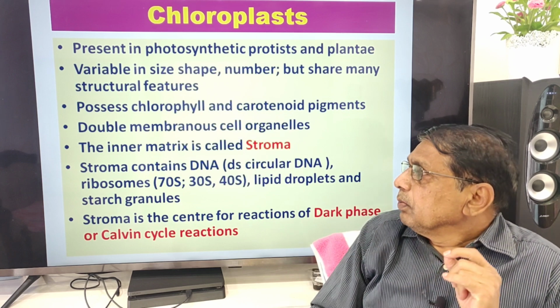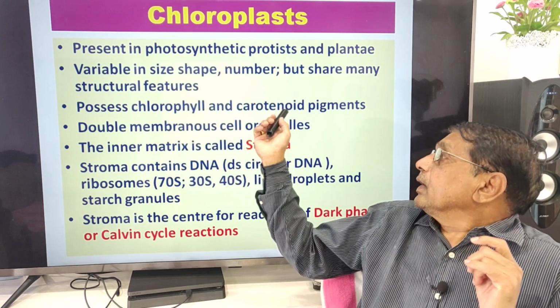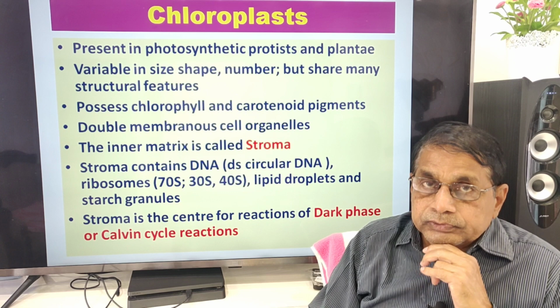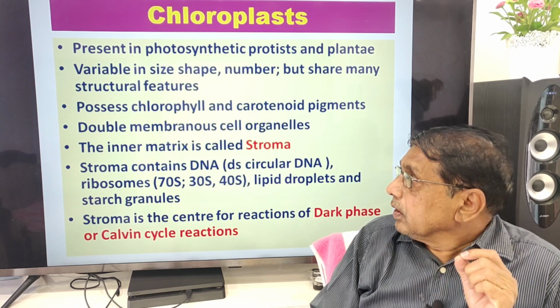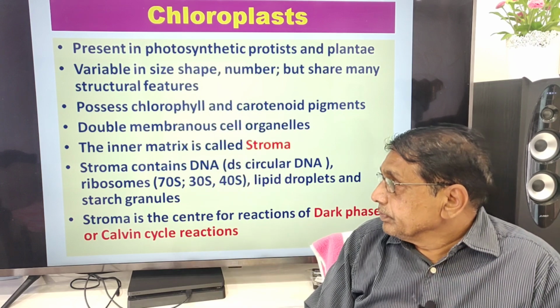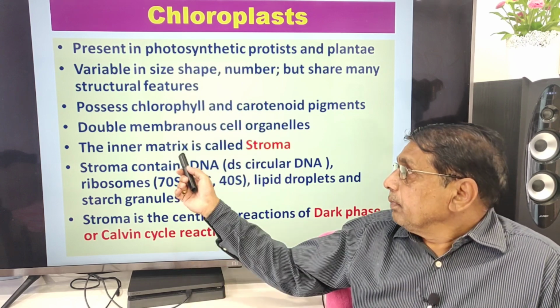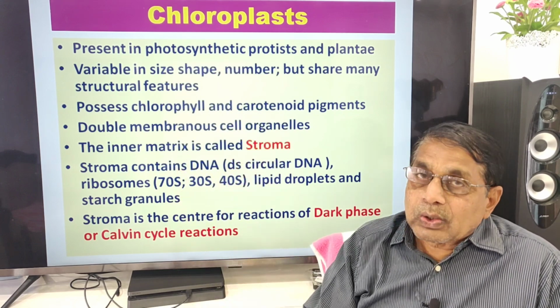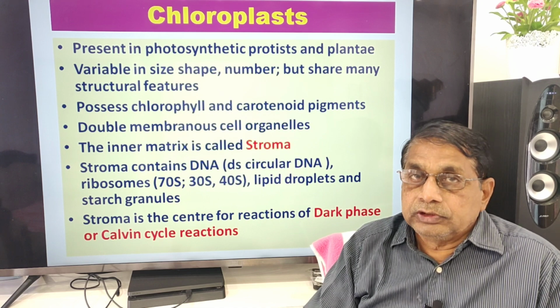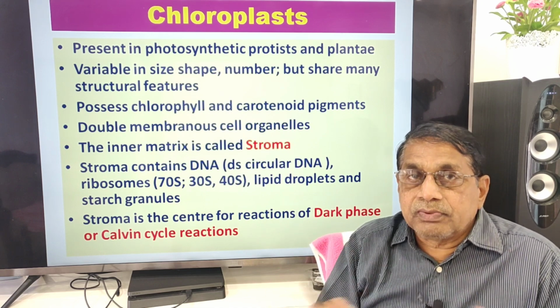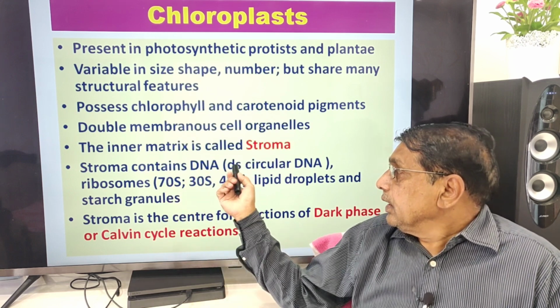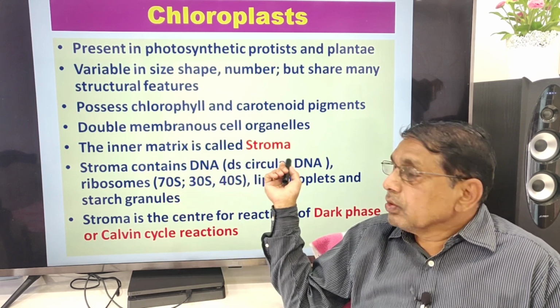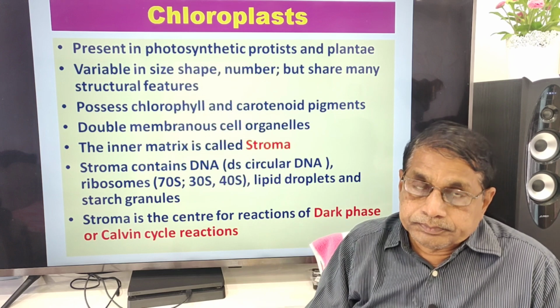They possess chlorophyll and carotenoid pigments. They are double membranous cell organelles. The inner matrix is called stroma, filled with a fluid-like substance. Stroma contains double-stranded circular DNA.